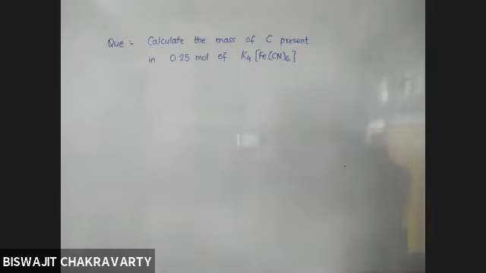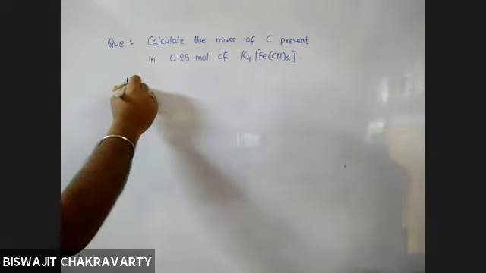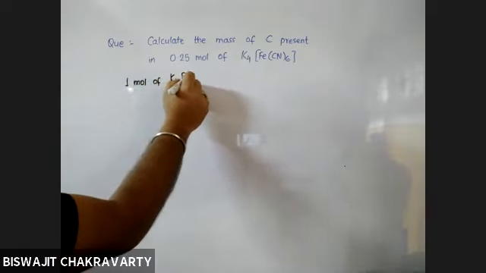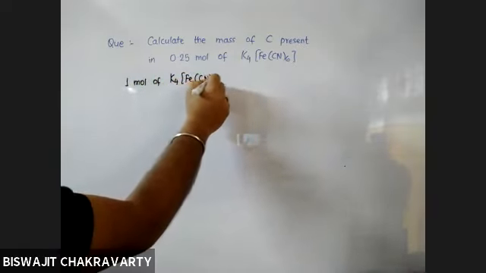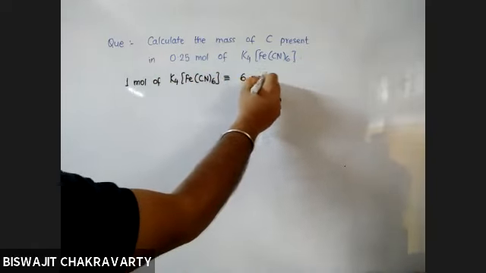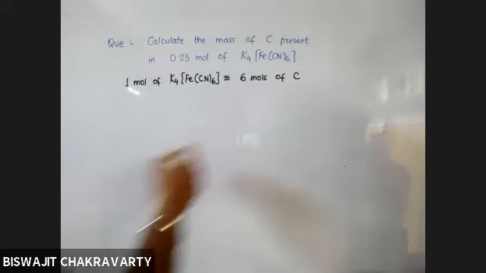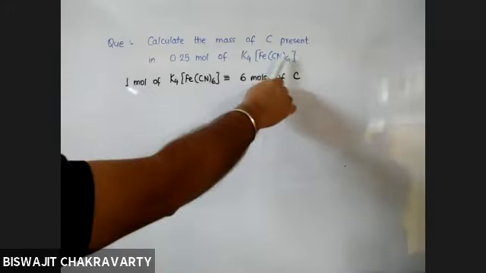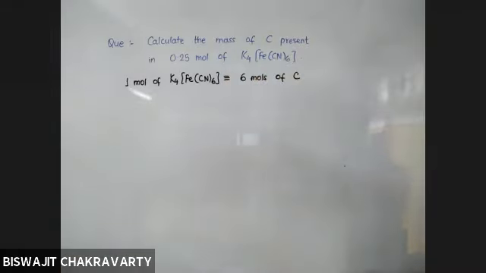So, can I write that 1 mole of K4Fe(CN)6 contains 6 moles of carbon? Can I write it or not? Any doubt? Any question? Carbon is 6 in number or not? Yes, sir.